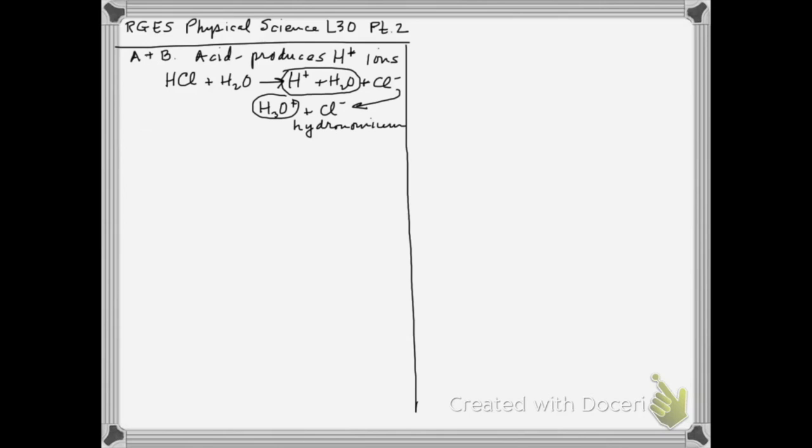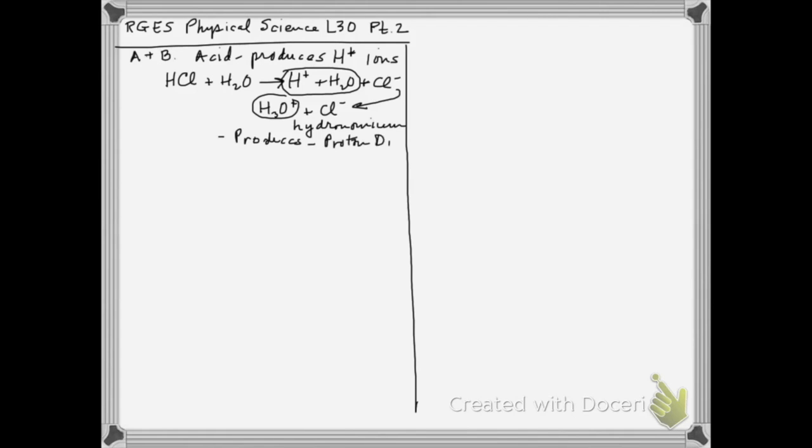Okay, and so the other thing you'll often hear is that an acid is a proton donor. It produces hydronium ions, and it produces protons.